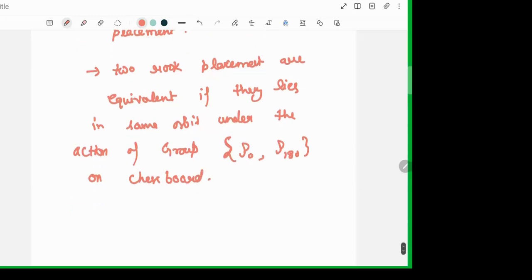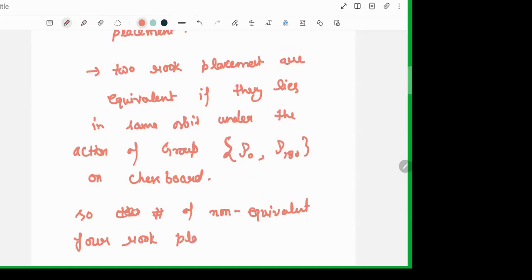So this is equivalent. So the number of non-equivalent four rook placements is the same as the number of different orbits.